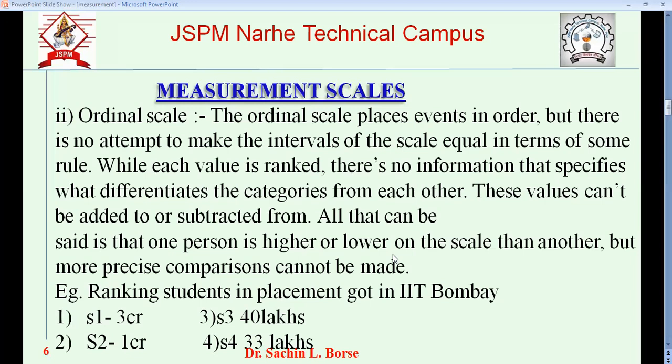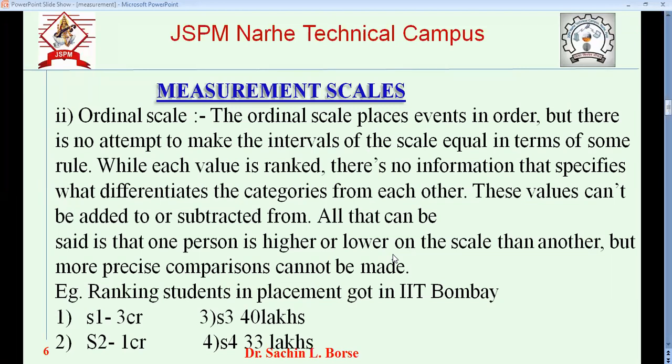When we arrange them in order, the gap between the two values, two events, will not be equal. In the ordinal scale, the gap between the two values will not be equal, but they will just be arranged in increasing or decreasing order.